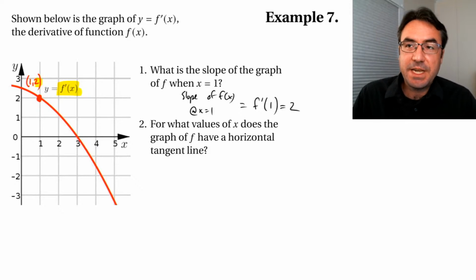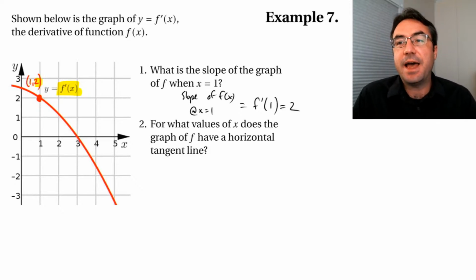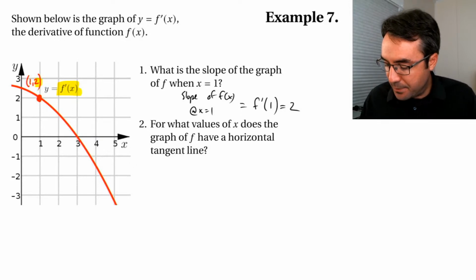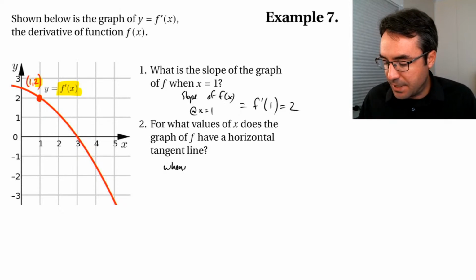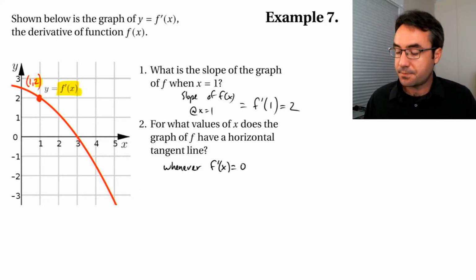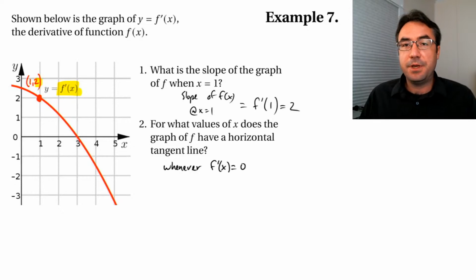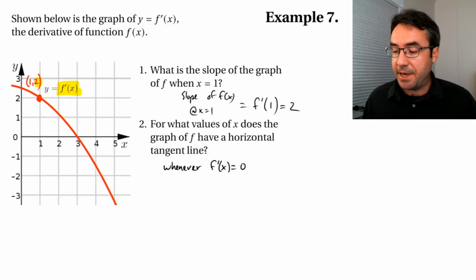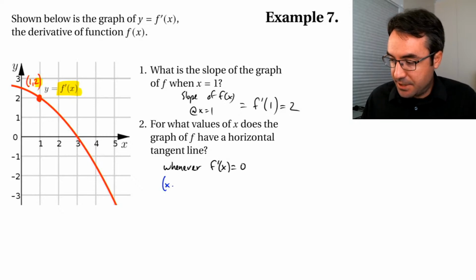All right, second part there. For what values of x does the graph of f have a horizontal tangent line? So we know we have a horizontal tangent line whenever f prime of x is equal to 0. So if we're given the graph of f prime, what we want to look for in this case are the x-intercepts. Where does f prime cross the x-axis?